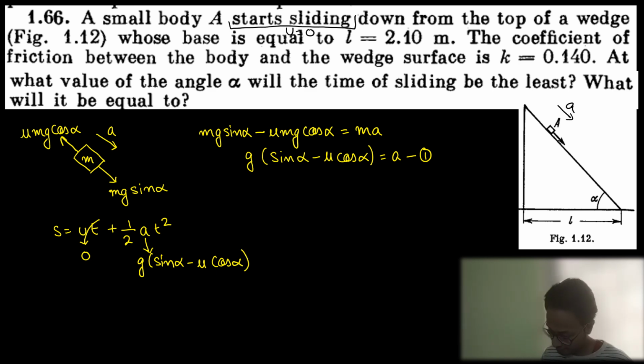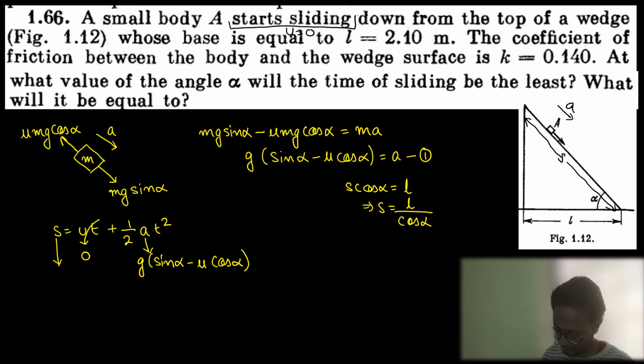Out here the value of distance s is how much? S is nothing but the distance it has to cover for the entire distance. Can I say s cos alpha is equal to L, or s is equal to L by cos alpha?